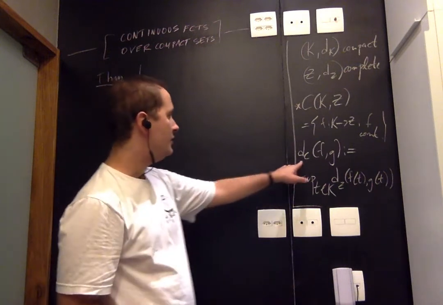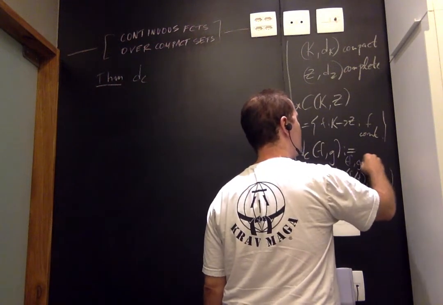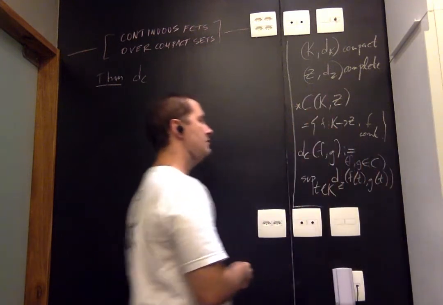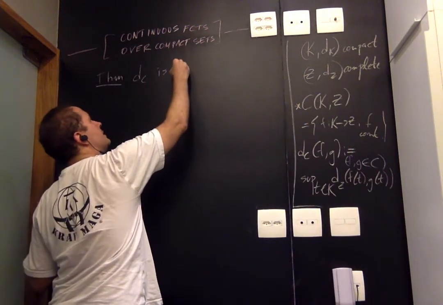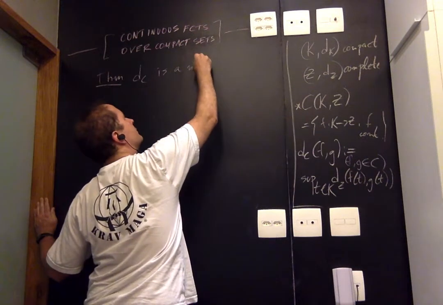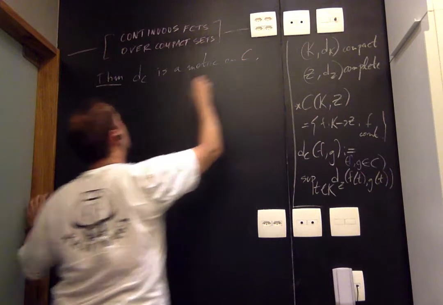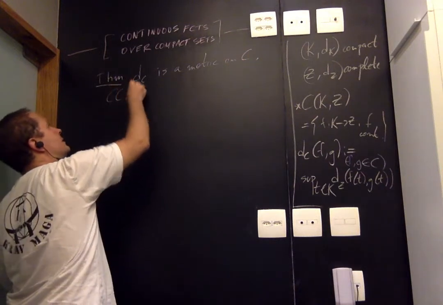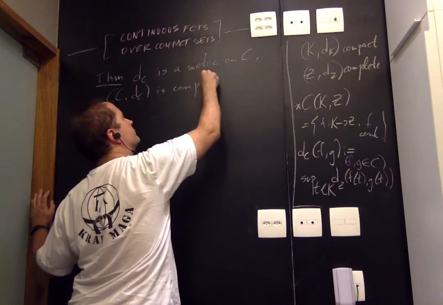I have this definition here for any f and g, and as usual, I'm going to call my set of continuous functions C. I'm just going to say this d_C is a metric on C. d_C is complete.